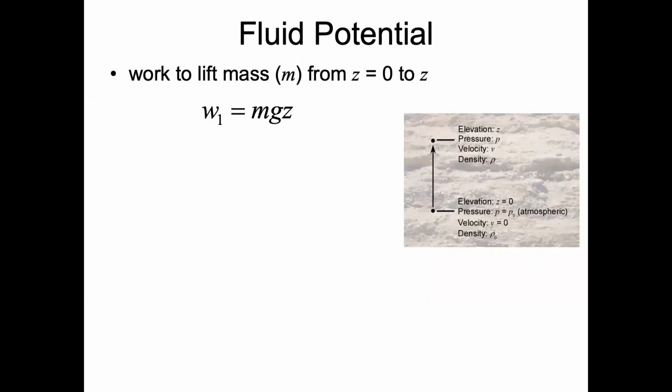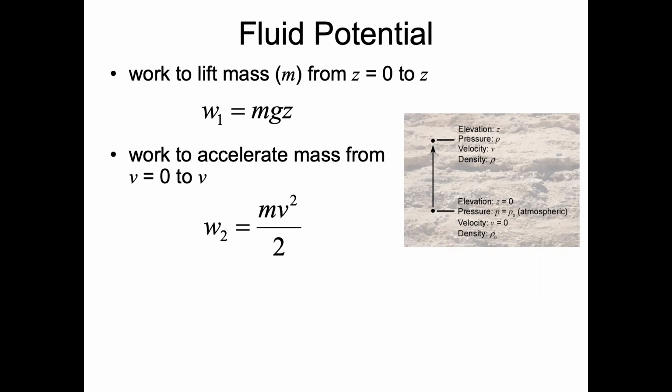So let's start with the very first one. Our first work is the work to lift the mass. It's just going to be mass times gravity times the distance it was lifted.